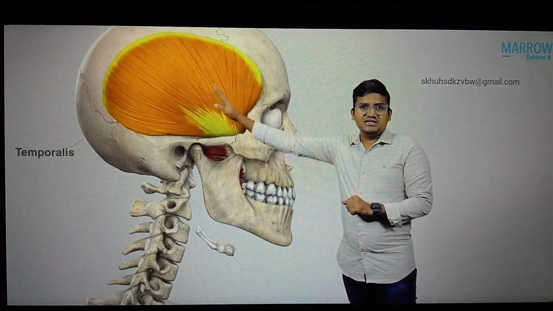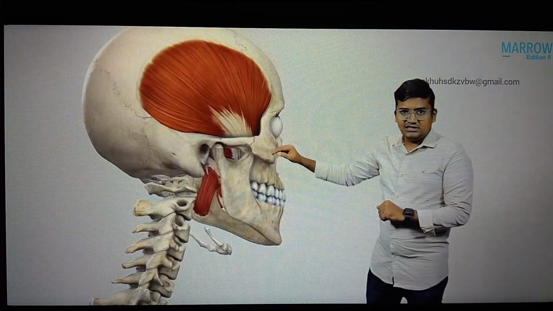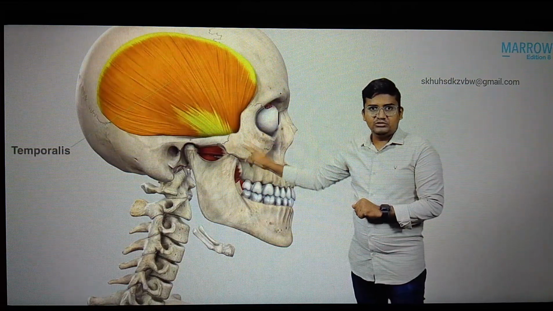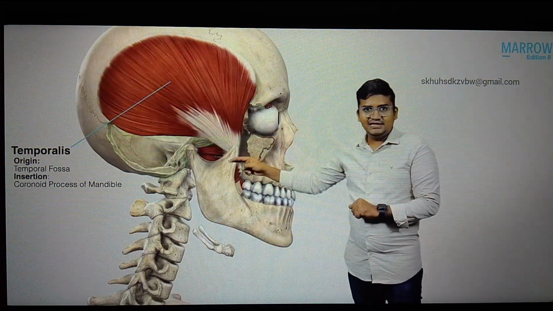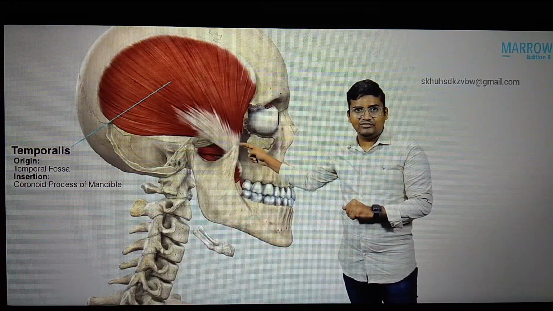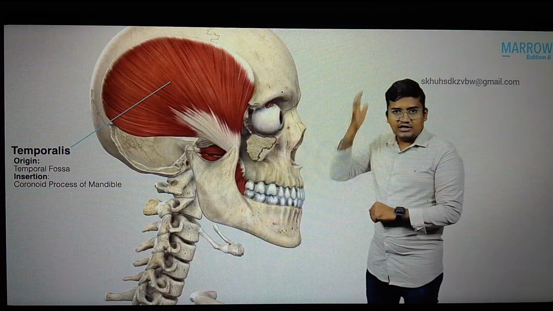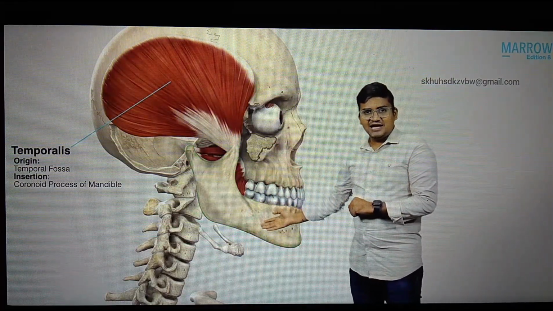Next, our temporalis muscle. The temporalis muscle arises from the temporal fossa and is inserted to the coronoid process. We will remove this zygomatic arch so that you can see the insertion clearly. That is the insertion point of the temporalis muscle, the coronoid process. Origin from the temporal fossa, insertion to the coronoid process. What is the action?